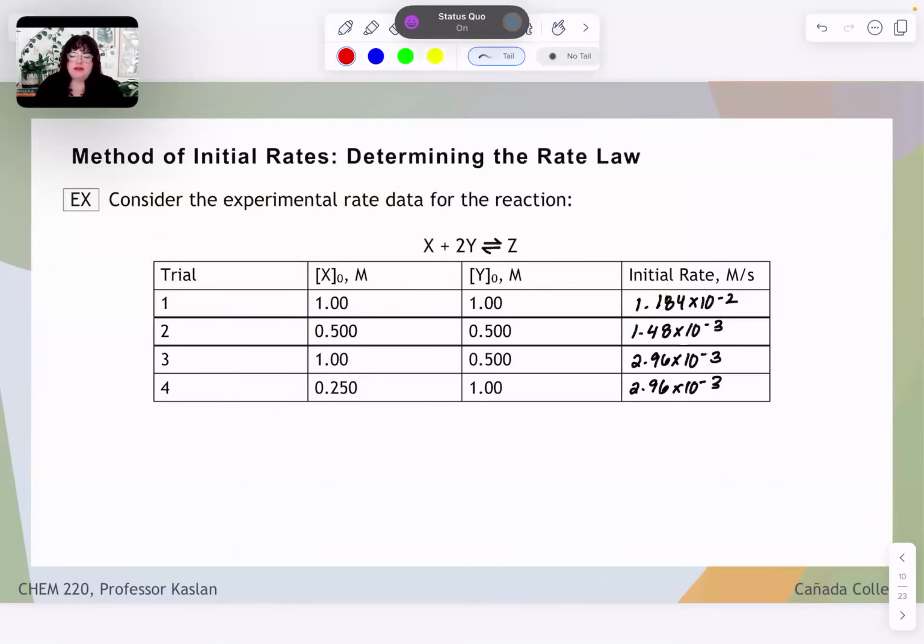So how is this useful, and how can we determine the reaction order and then the reaction rate law given some kind of kinetic data?